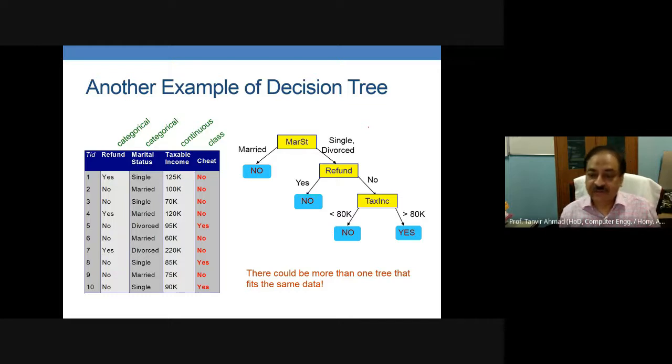But the one we will make based on information gain will be the actual decision tree. At this moment, I did not talk about information gain. I was just trying to make sure that you can generate many different decision trees from the same data set.